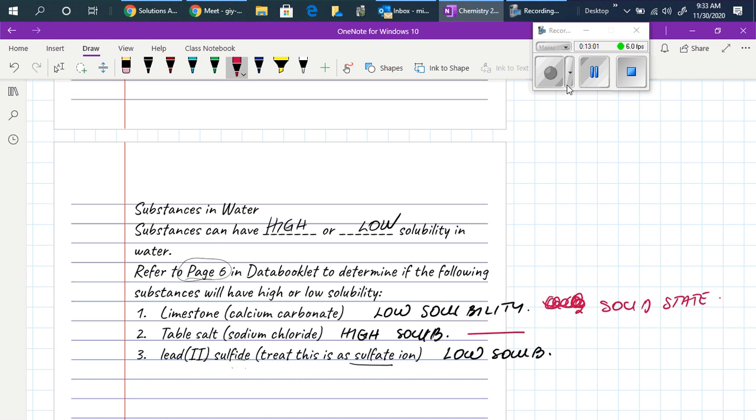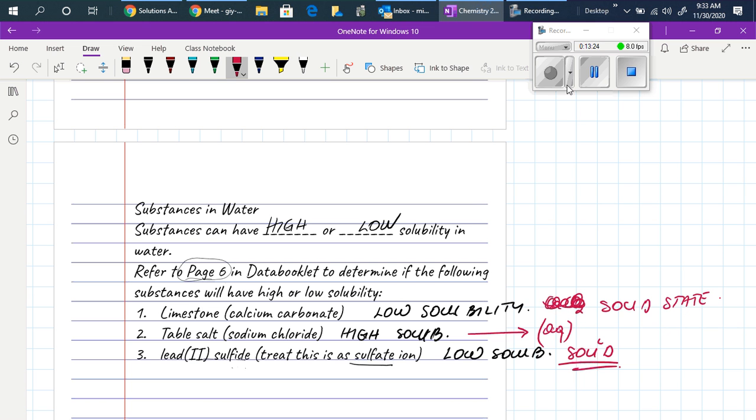And for table salt, that means that it will be aqueous. And low solubility for lead 2 sulfide means it will be solid. So it will not be dissolved, it will not be broken down.